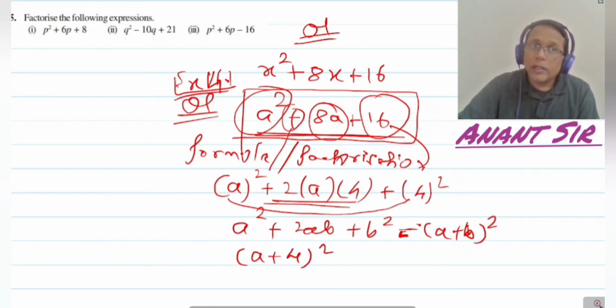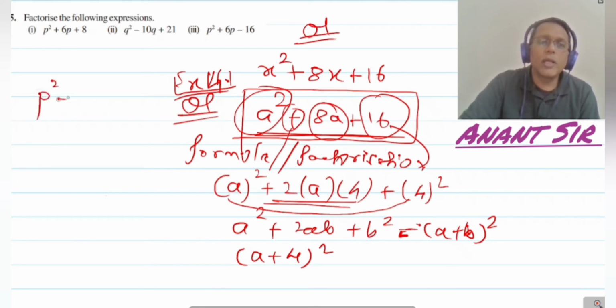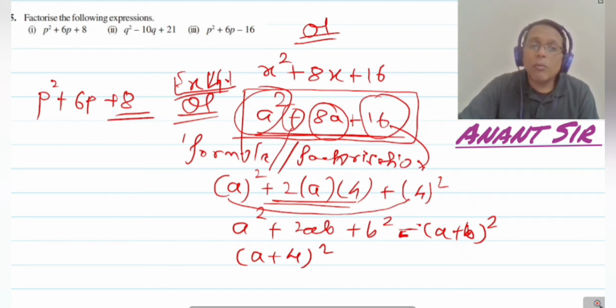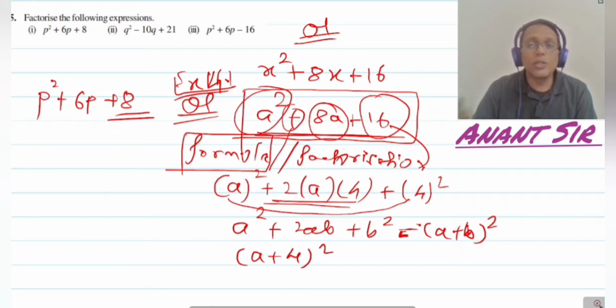But what if the two terms are not perfect squares? Like the first question here. First question here is p square plus 6p plus 8. So this 8 is not a perfect square. So you cannot solve this question by the formula method which we used in the first question of 14.1.